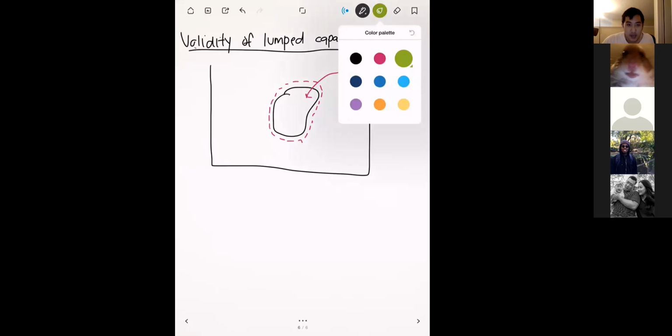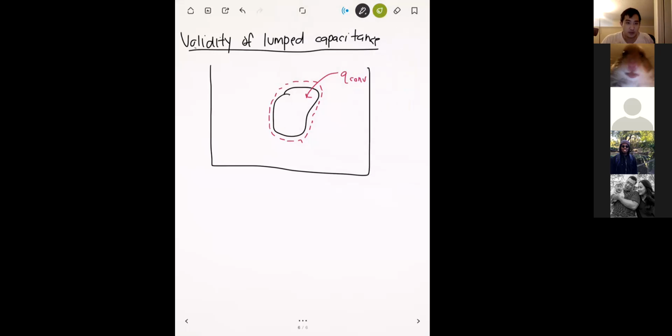Besides the convection heat transfer, which happens at the surface, there's also conduction heat transfer going throughout the object itself. The way you can think about it is, once the heat enters the object through convection, that heat can then penetrate through to the middle of the object through conduction.